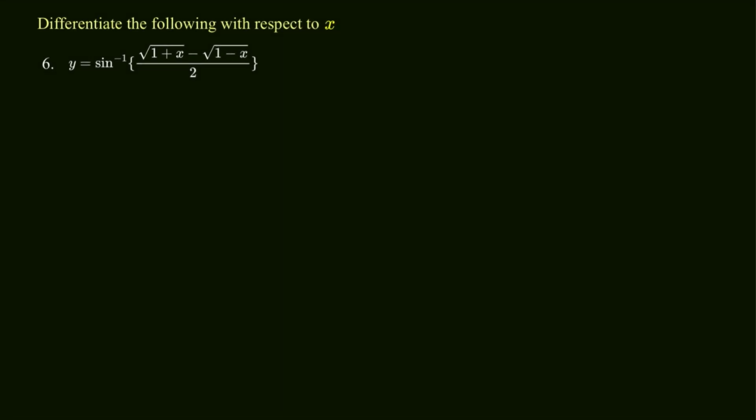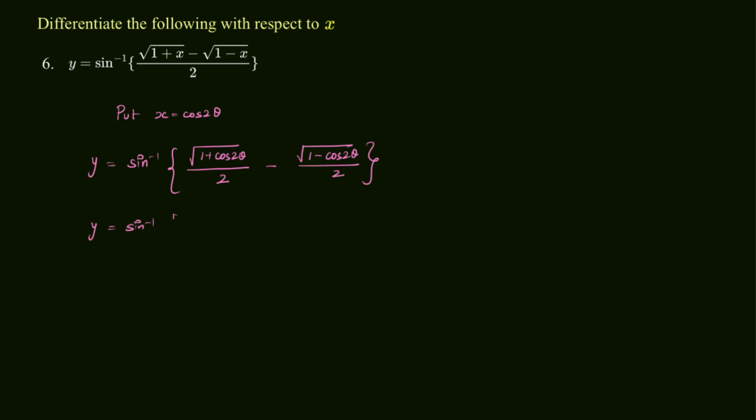Question number 6. Let us put x equals cos 2 theta. Then my function y will be equal to sine inverse of square root of 1 plus cos 2 theta whole divided by 2. Let us distribute the denominator also, minus square root of 1 minus cos 2 theta over 2. So this equals sine inverse of 1 by 2.